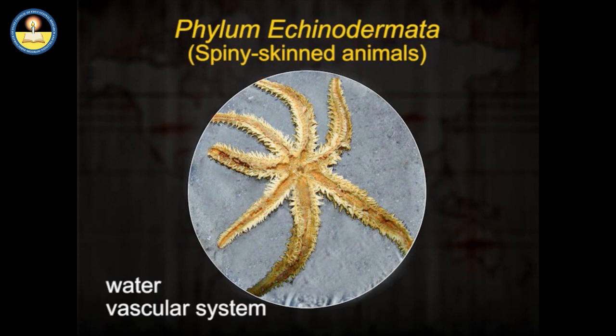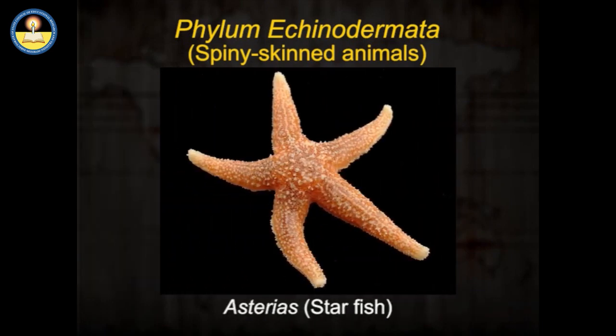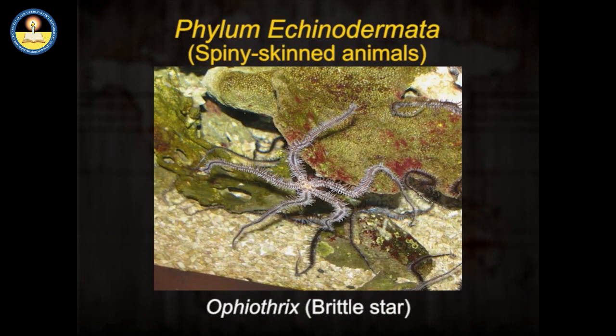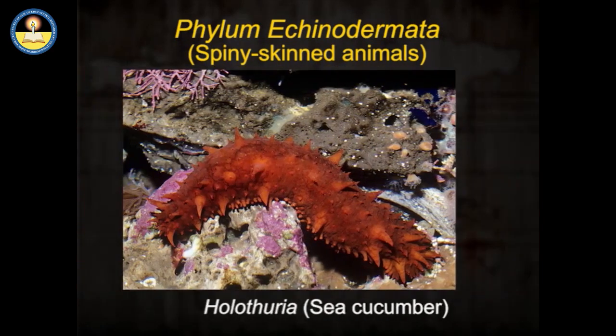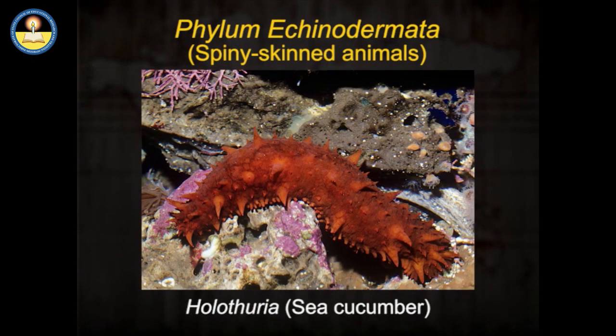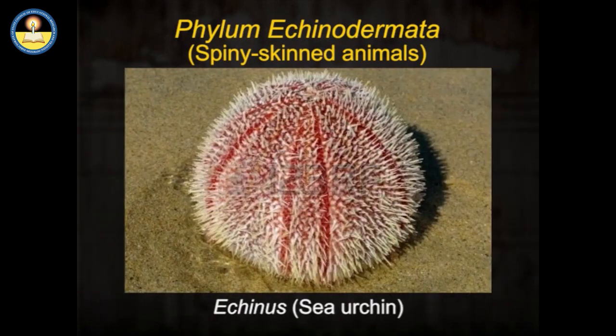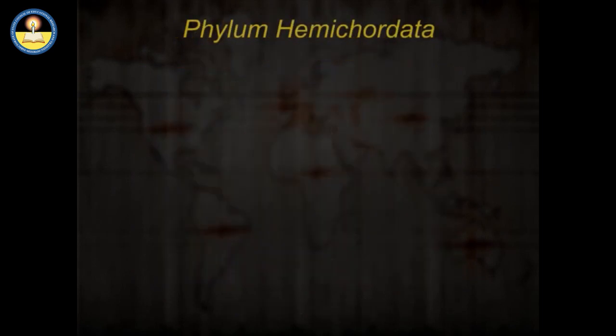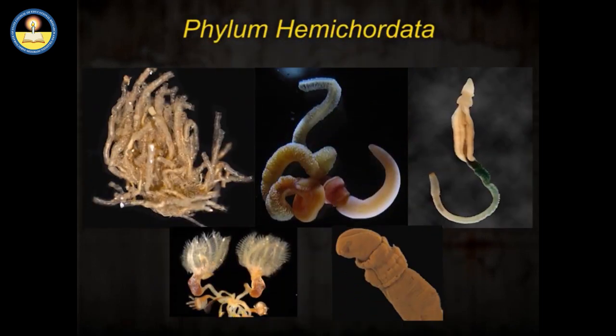Examples of echinoderms are Asterias, starfish, Ophiothrix, brittle star, Holothuria, that is sea cucumber, Echinus, that is sea urchin, and Antedon, sea lily. Phylum Hemichordata.